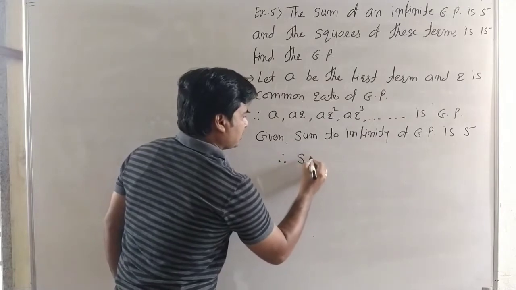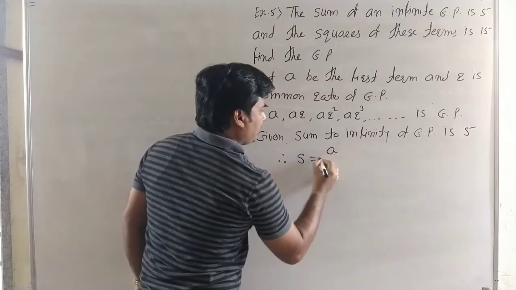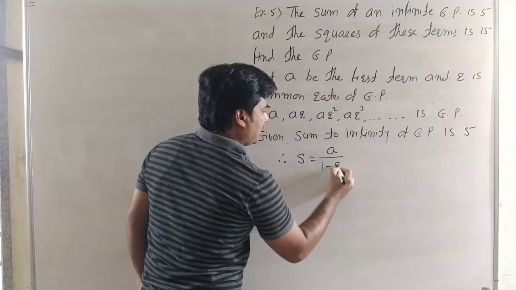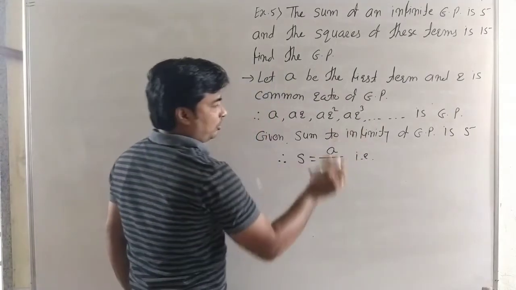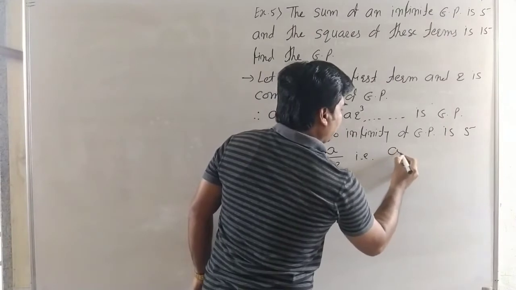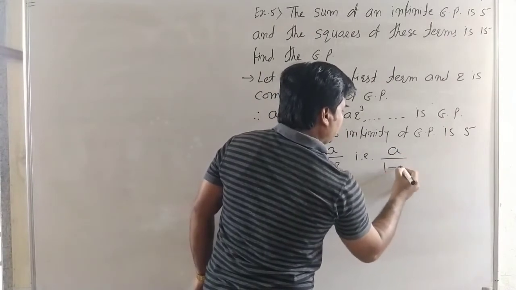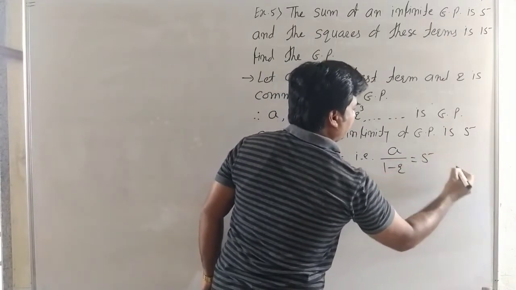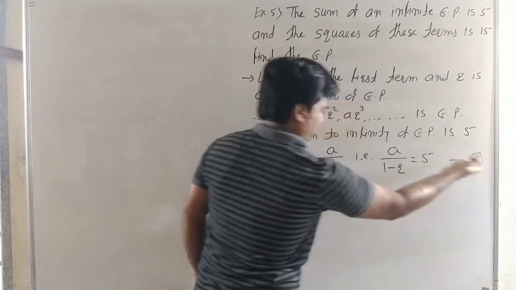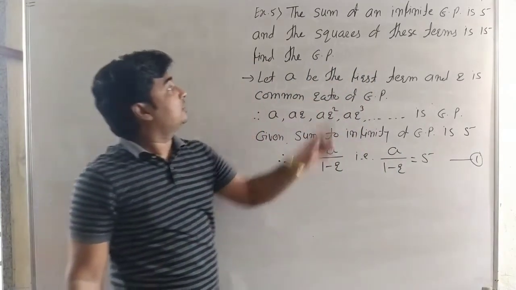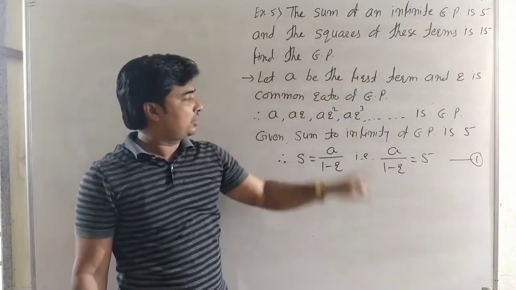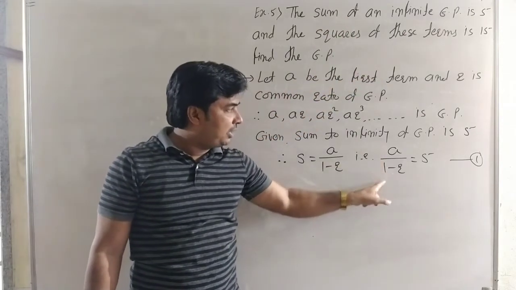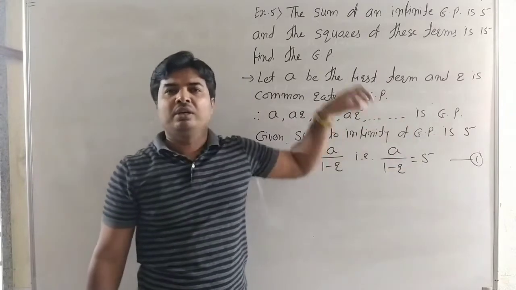S is equal to a upon 1 minus r, that is here S is equal to 5, therefore a upon 1 minus r is equal to 5. We take this as equation number 1. It is our first condition: the sum of an infinite geometric progression is 5.